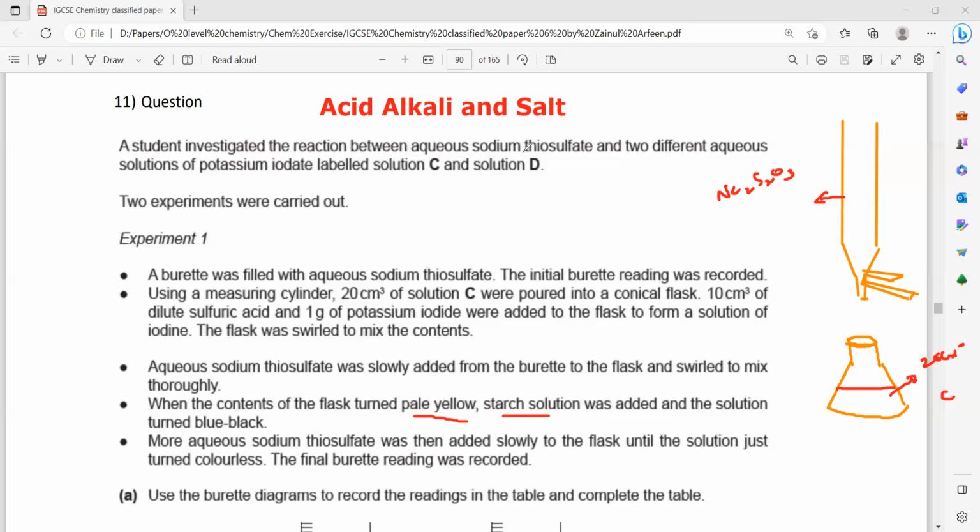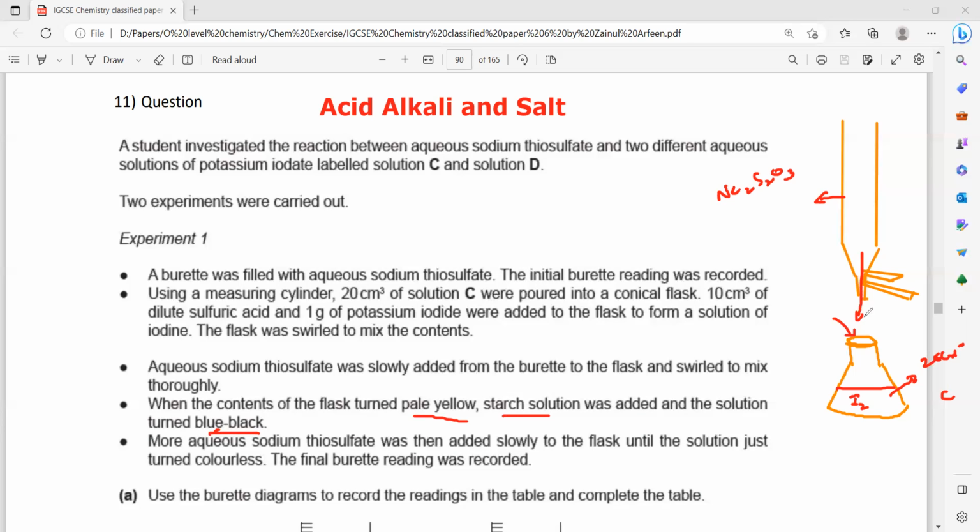If iodine is present in the solution, it will give a blue-black color. But if iodine is not there, then it will turn colorless. So when starch was added, it turned blue-black. Why? It shows that iodine is present.